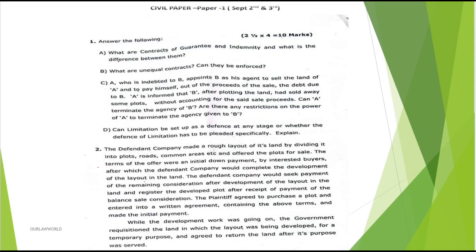If you look into the civil paper, paper 1, most of the questions in part 1, in the first question A, B, C are regarding the Contracts Act. D is regarding limitation, and the second one is asked as a problem.